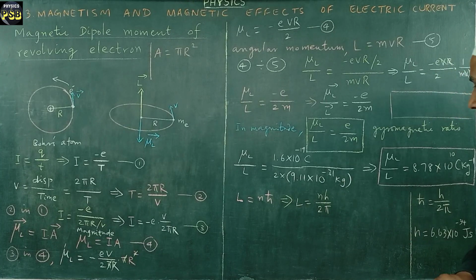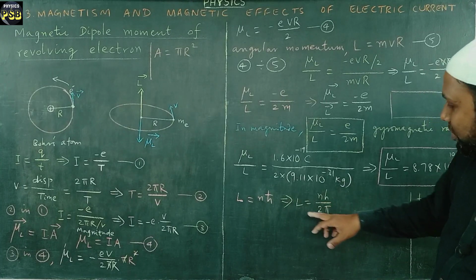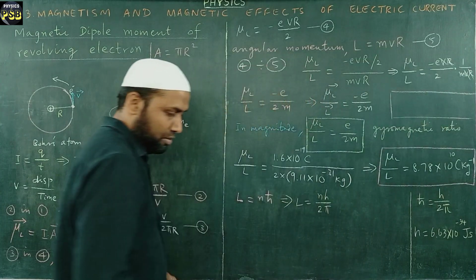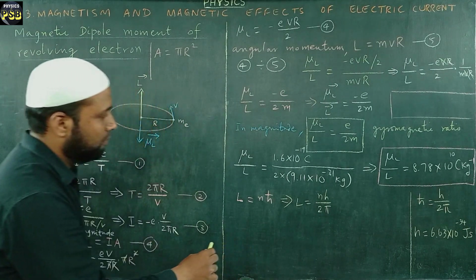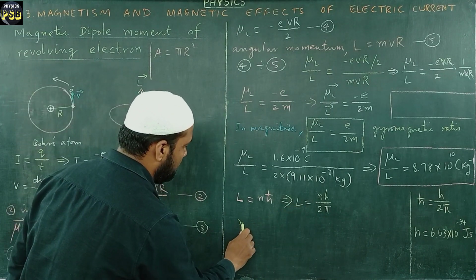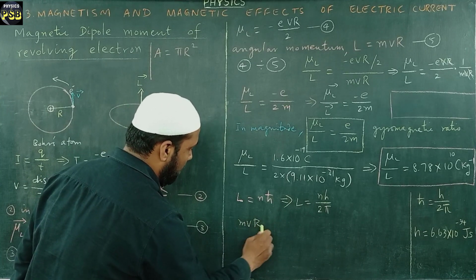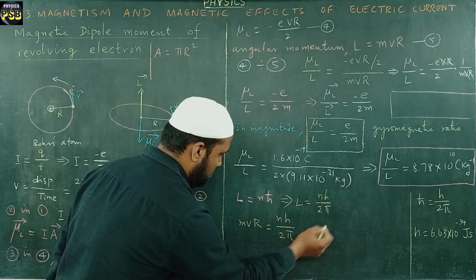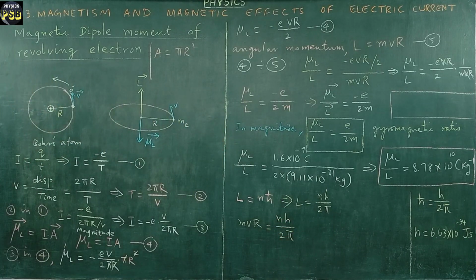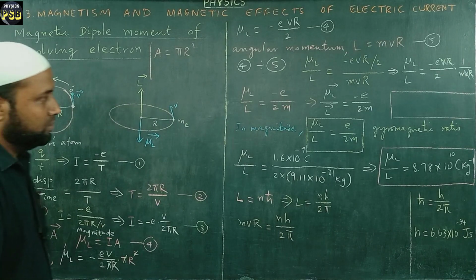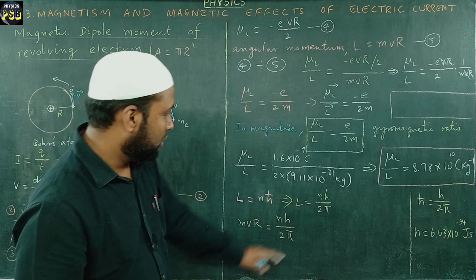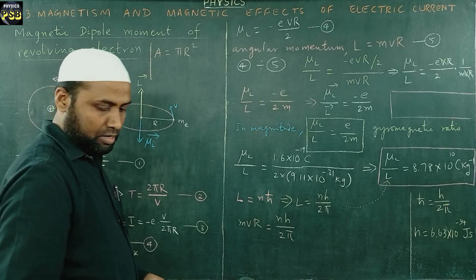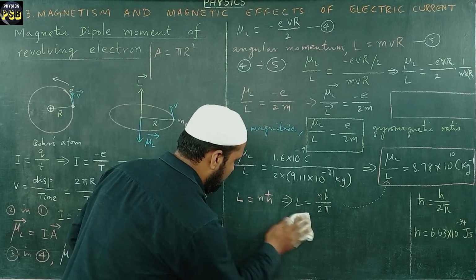Now if you substitute the value of h here, then what we get is m v r equals nh upon 2π.